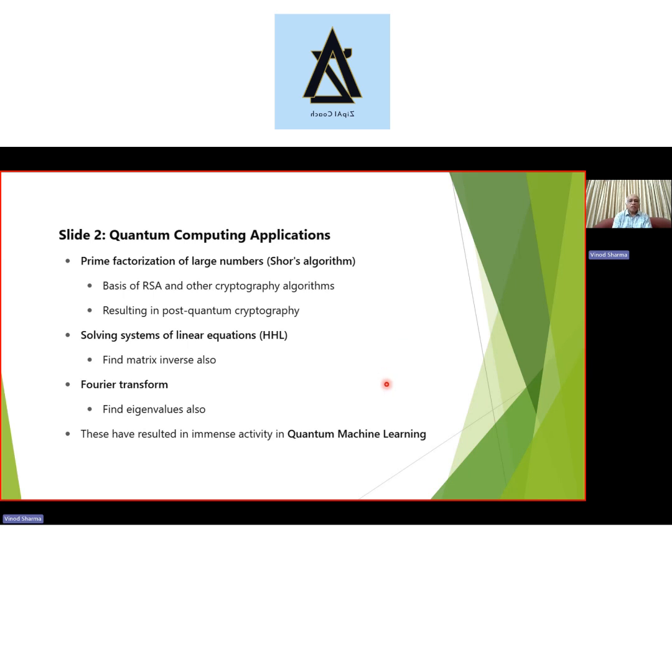Another very important algorithm that we have been using all the time in classical computers is the Fourier transforms. Like FFT, we know. Once FFTs came in early 60s, it basically changed drastically the signal processing algorithms, and that was used in many, many other applications as well.